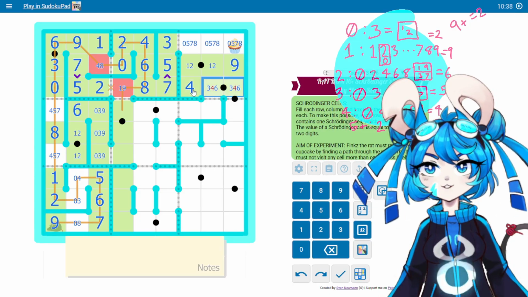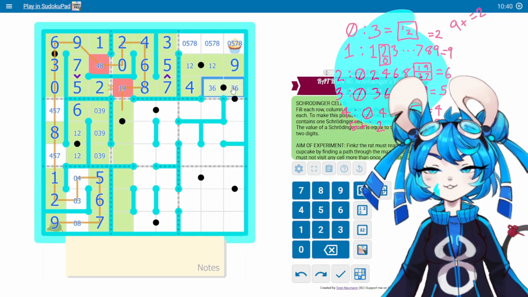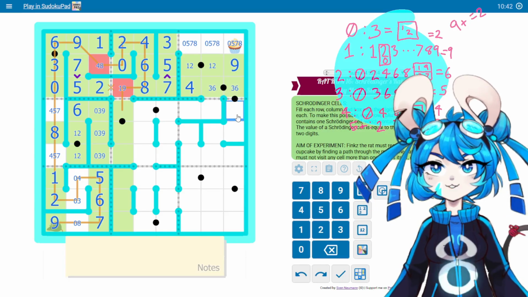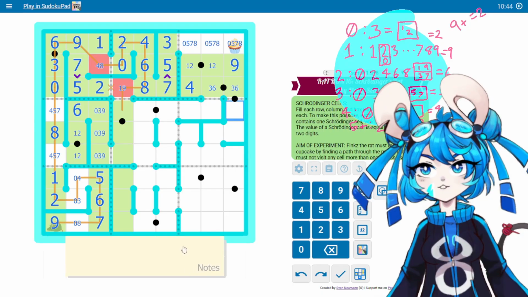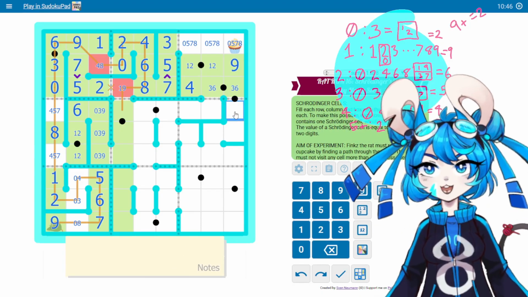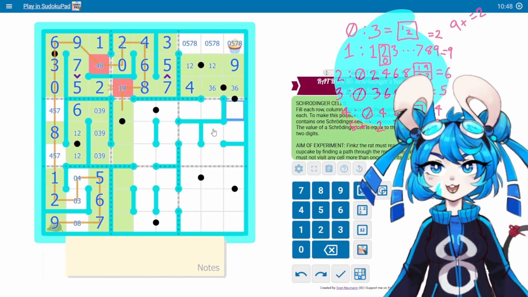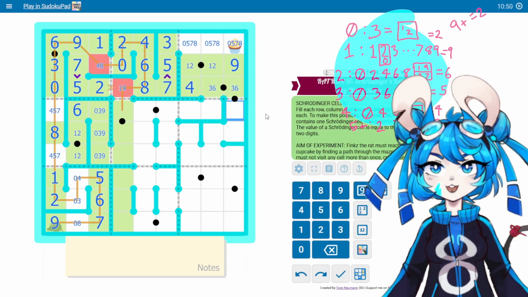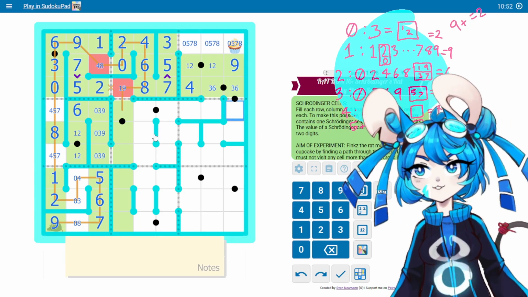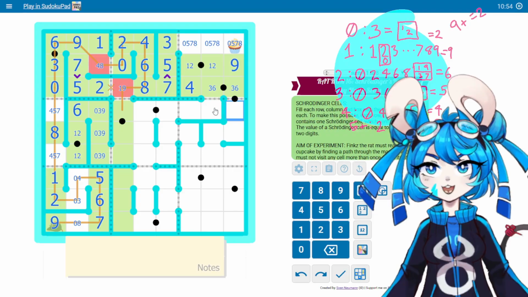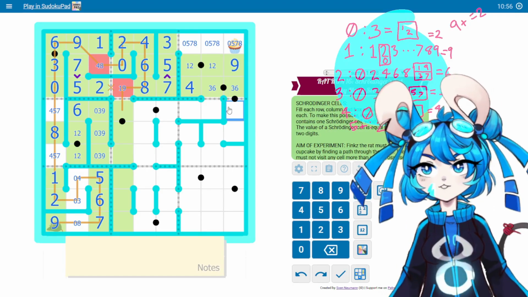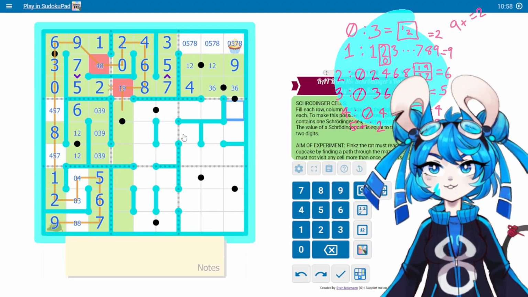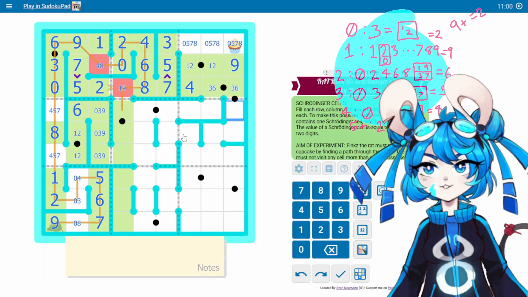Right, because there's only 3 of them. So these are 3 and 6, which means this also could be 3 or 6, but it could also be a Schrodinger cell masquerading as a 3, 6, or potentially even a 12. This could have a value of 12. We don't know for sure that it doesn't.